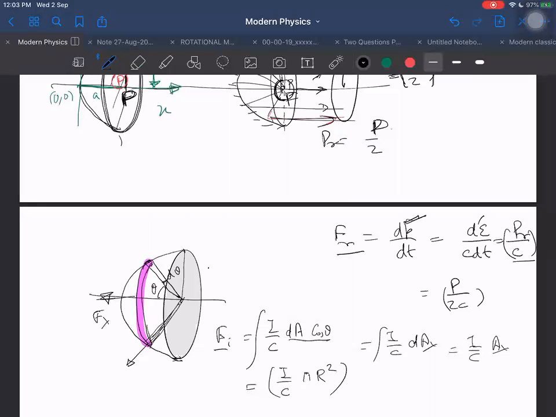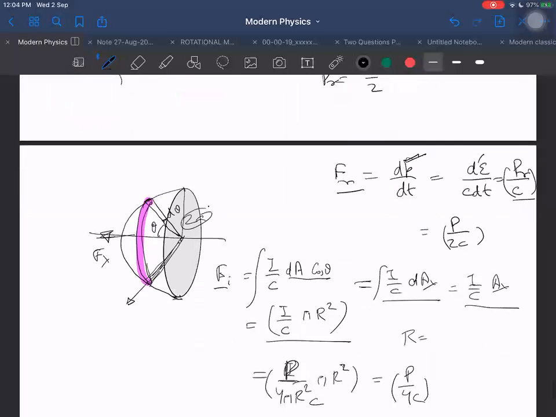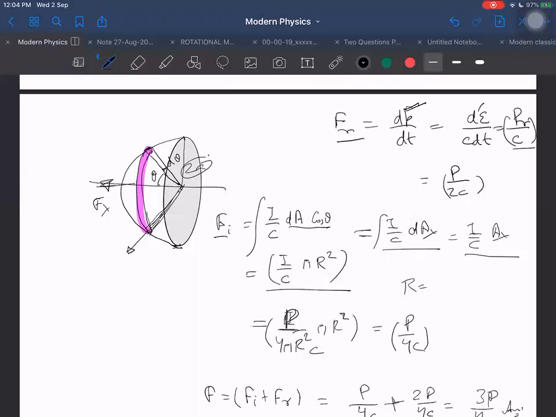Then dF along x becomes I by C into dAx, that will be I by C into the total area along x, which is I by C into pi r square. Here R is equal to 2a. Then I can cancel out these terms here.